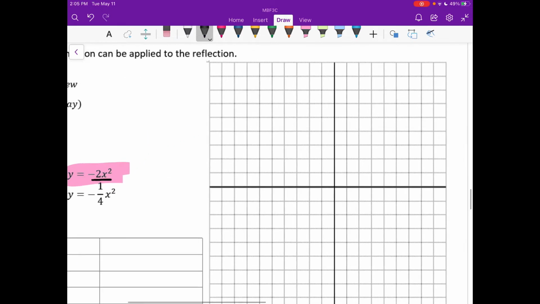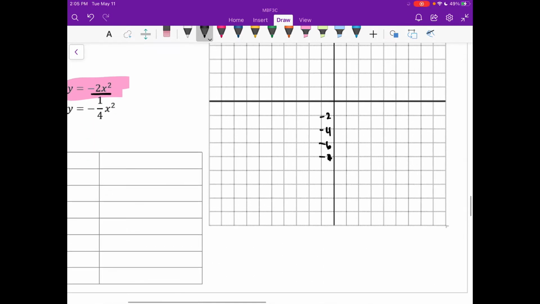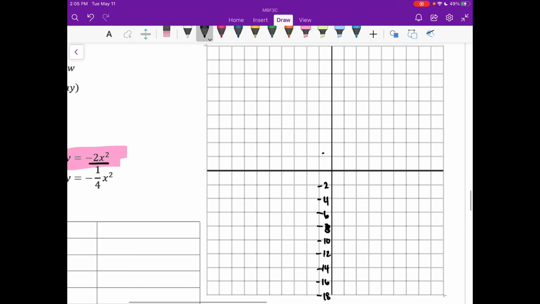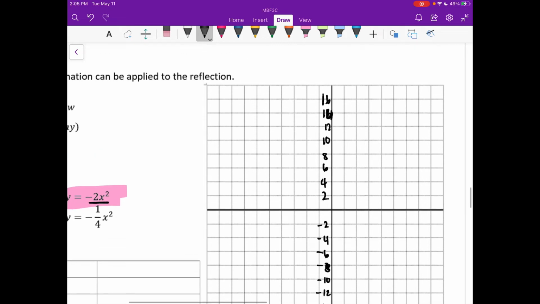So I again went up by 2. So I did negative 2, negative 4, negative 6, negative 8, negative 10, 12, 14, 16, 18. Same thing, just going 2, 4, 6, 8, 10, 12, 14, 16, 18.